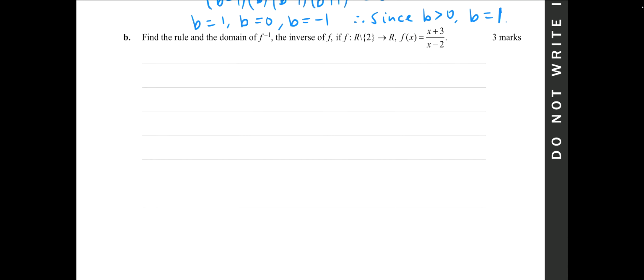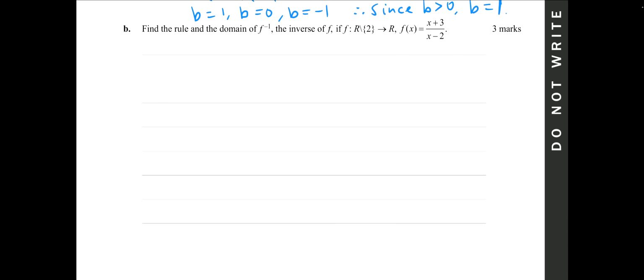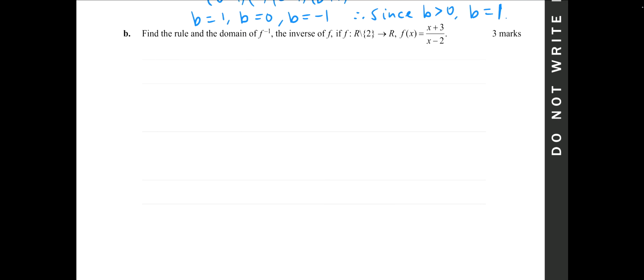Excellent. So moving on to part B, find the rule and the domain of the inverse of f if the original function is (x plus 3) over (x minus 2). Right, so this is just a straightforward stock standard inverse function question. So I'm going to start by saying let y equal the function, let y equal f(x) equal (x plus 3) over (x minus 2).